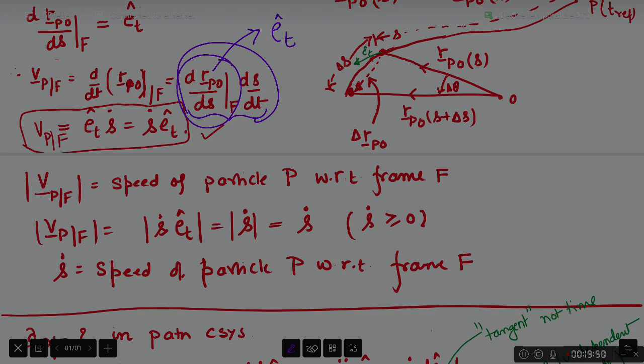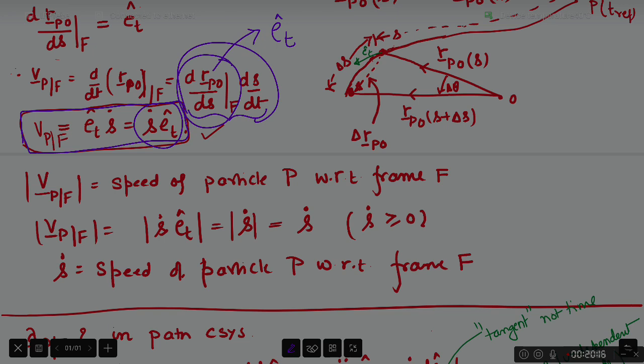Thus, the expression of VPF in the path coordinate system is nothing but S dot ET, the first derivative of S along the ET direction. So this is the kind of expression we were looking for.